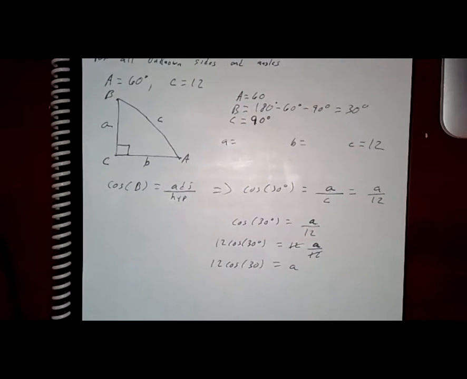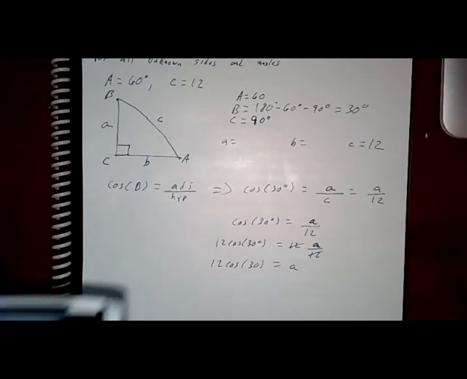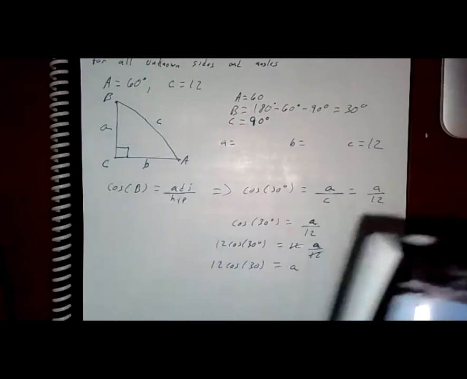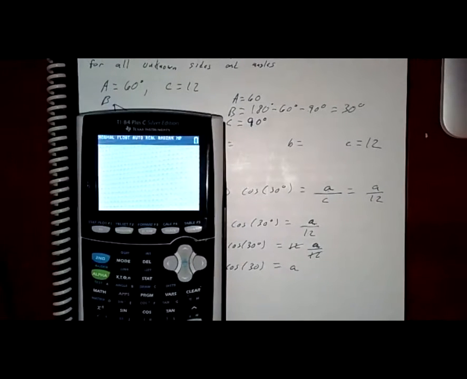Okay, so now we need our calculator, right? Finally charged my graphing calculator. So that will simply be 12 cosine 30.